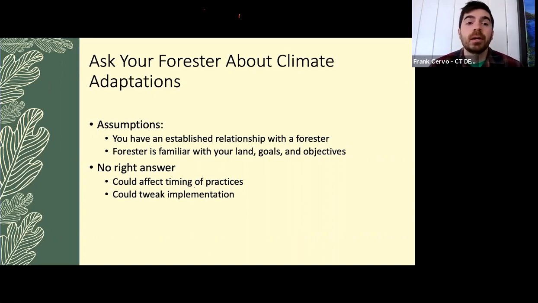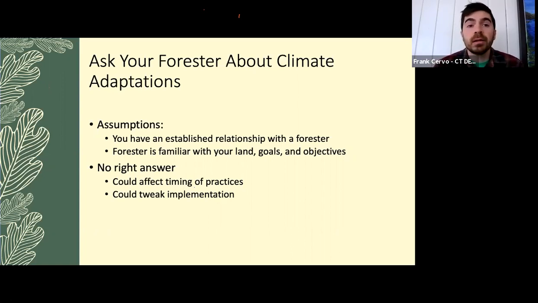From there, you want to make sure and just ask your forester and bring up the topic of climate change, because that's going to be a factor that's going to have a large impact on the conditions in your forest, and you want to make sure that it's not going to negatively impact the ability of your forest to reach your other goals and objectives.